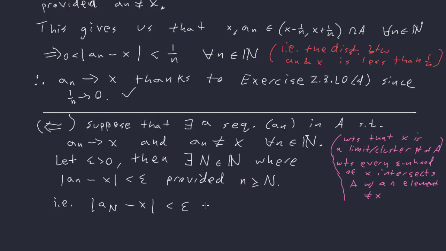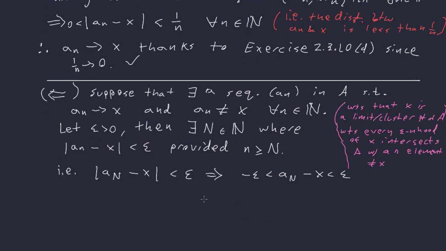Okay, this implies that, if we move some things around here, a sub n minus x is trapped between negative epsilon and positive epsilon.